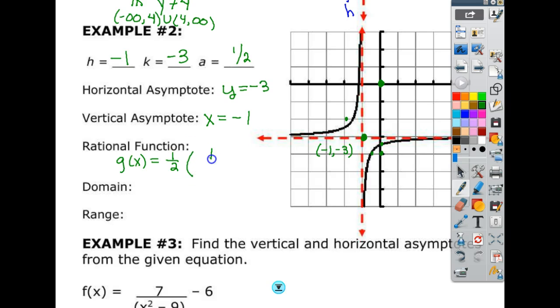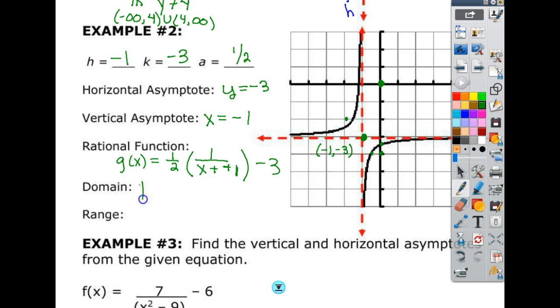A half. 1 divided by X minus H. What's H? -1 and then minus 3. But some of y'all are dying to say it. What are you dying to say about this? It's going to be a positive. Okay, so I just kind of drew it out like that just to show you why.